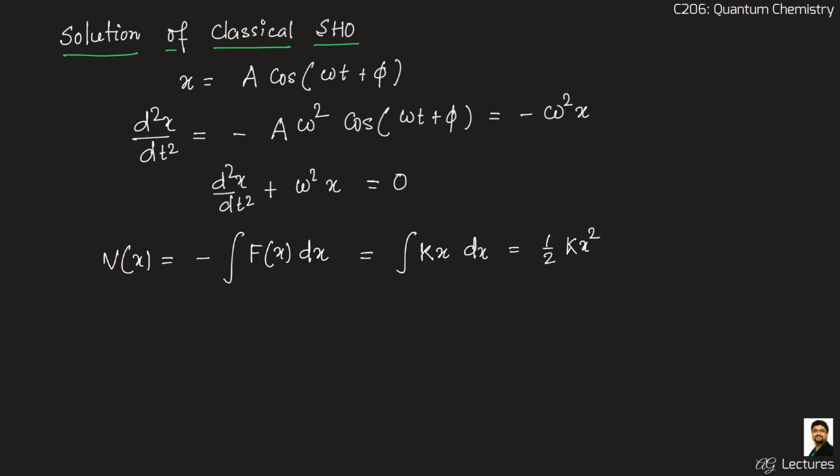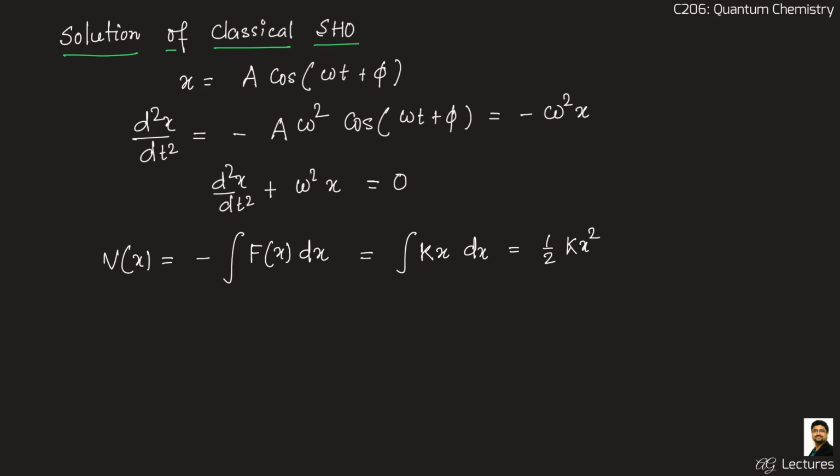As this is an indefinite integral, we should in principle use some constant V0, but this is a potential energy V of x, and any constant potential can always be recalibrated to 0. So we really do not need any constant here. So let me remove this constant. V of x equal to half k x square is good enough.